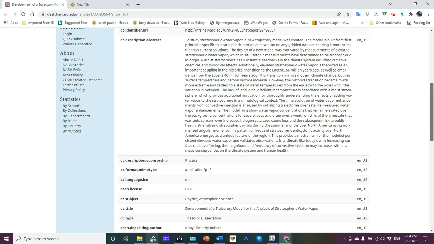So what's this about? This is really fascinating. To study stratospheric water vapor, a new trajectory model was created. The model is built from first principles specific to stratospheric motion and can run on any gridded data set.